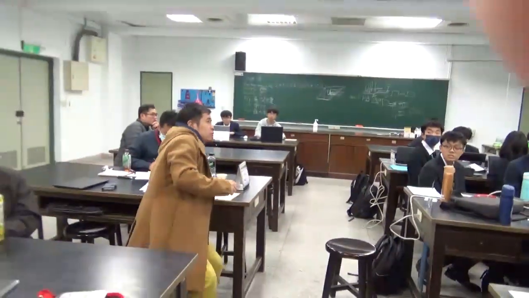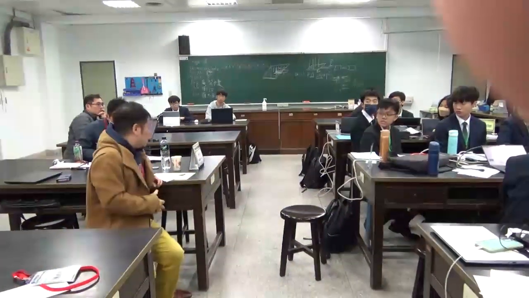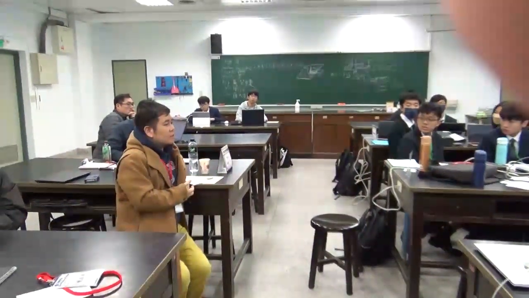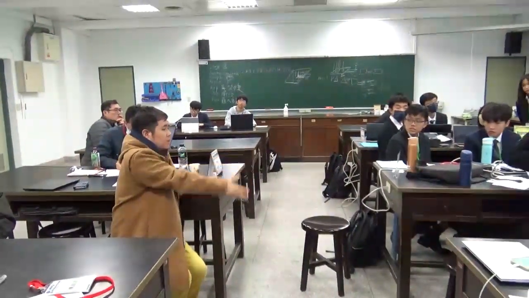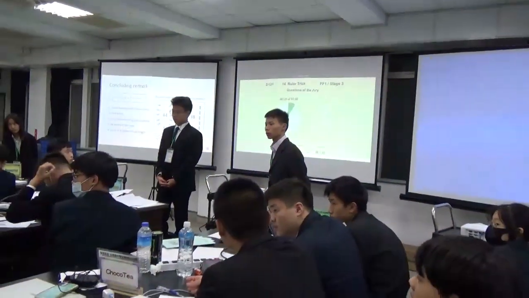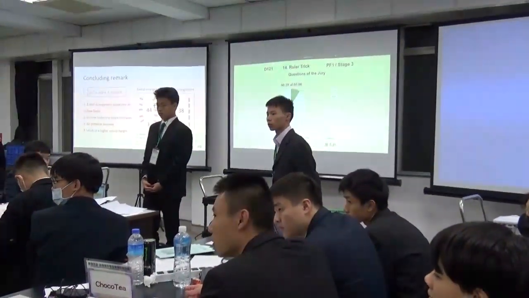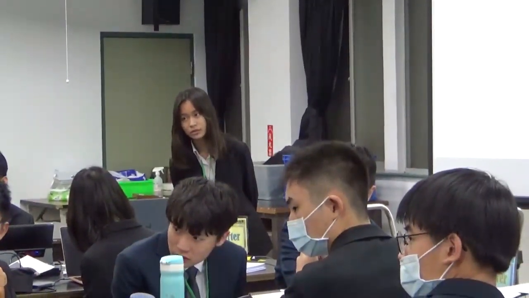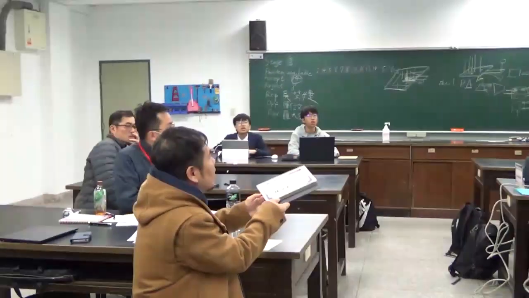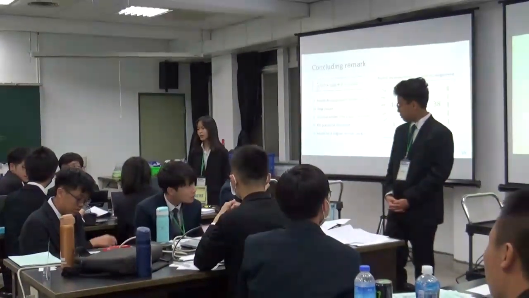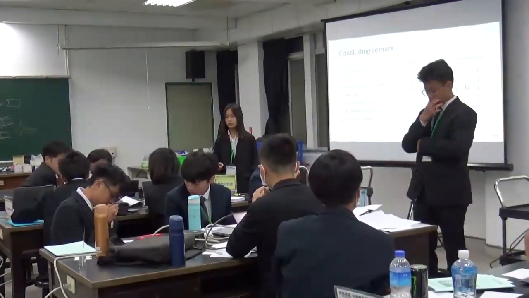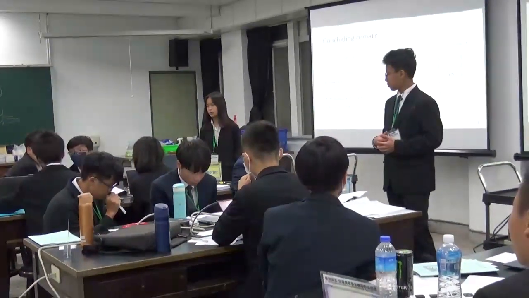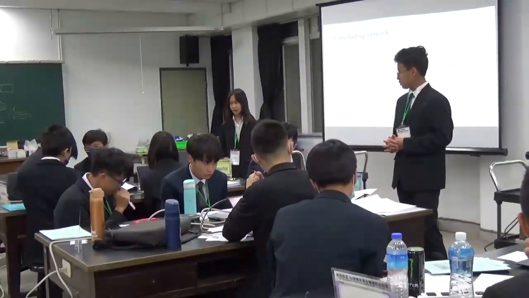I have a question for 3 groups. If we change the paper to cardboard paper, what would happen to the ruler? If the paper is thicker, then it will be harder, and the mass will also be larger, so it will lead to a higher critical height.